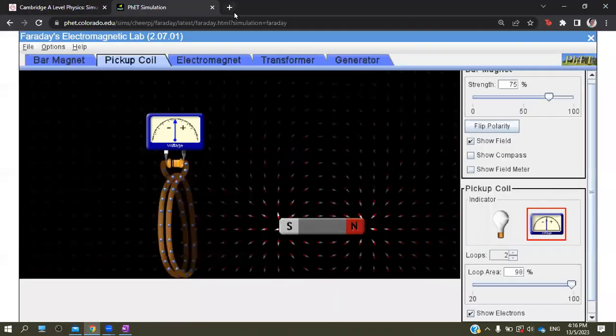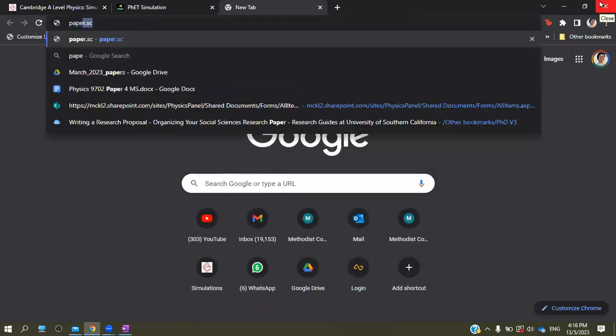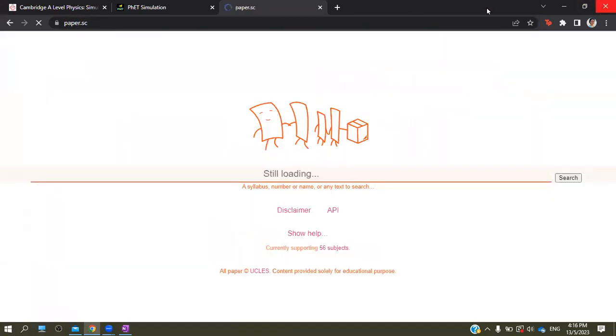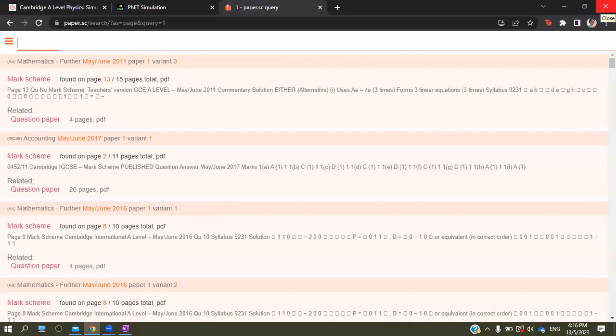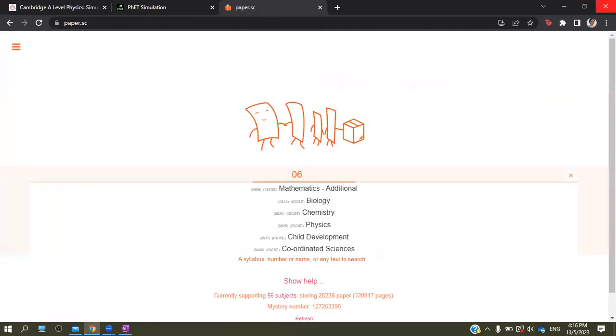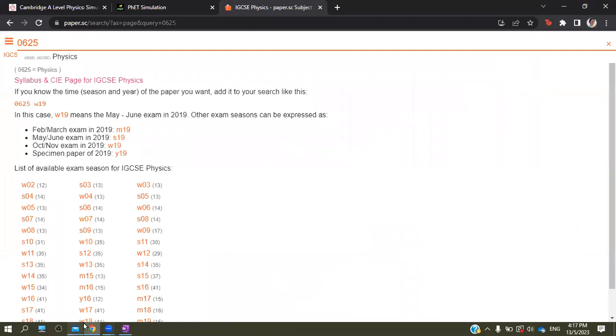So, pro tip, if you want to practice your IGCSE with all the things that you need to do for SPM, go to this website first, paper.sc. It's free. And you key in the code for your syllabus, 0625. You might be thinking, teacher, how do I know my syllabus is 0625?